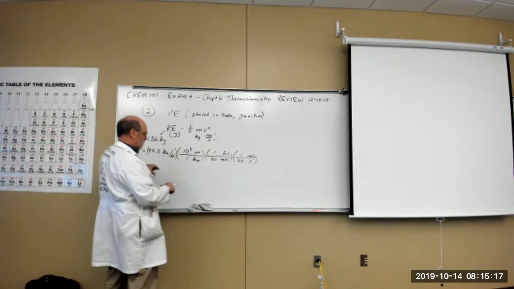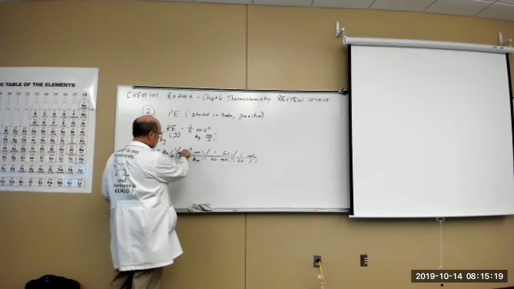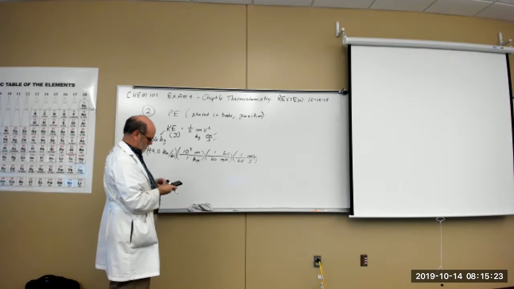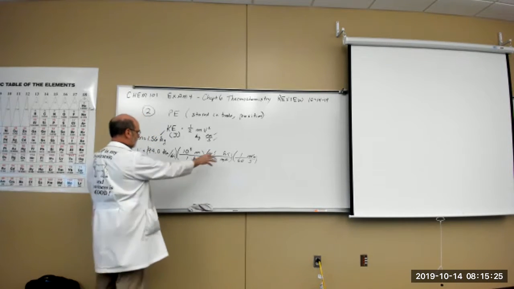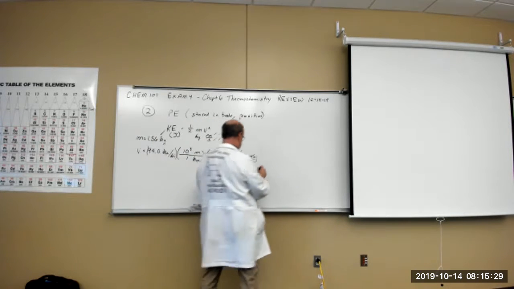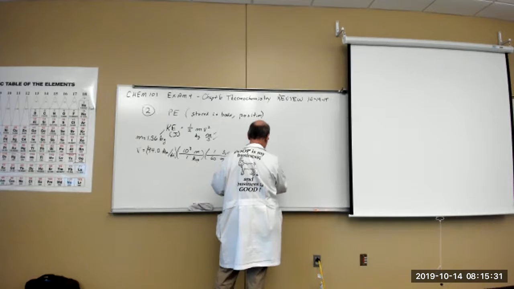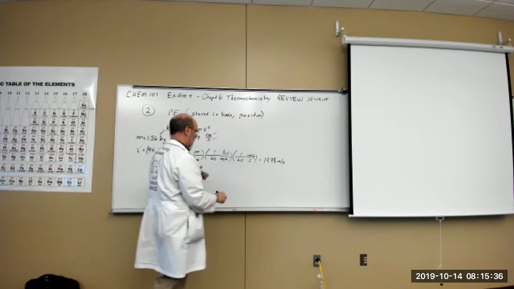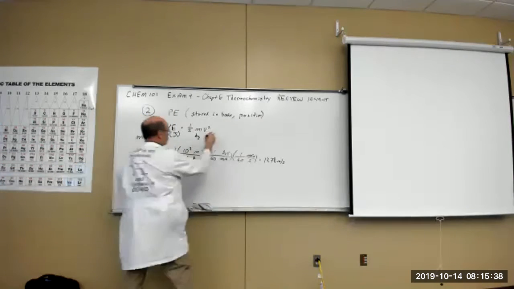All right, so let's see. This is 1,000 divided by 3,600, and then times 94. So I get 17.78 meters per second. Now we're good.